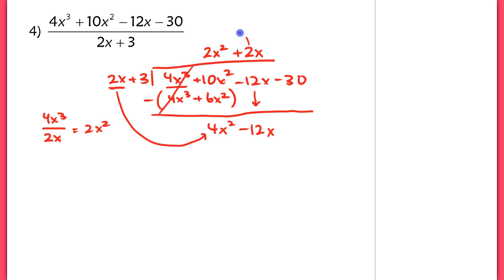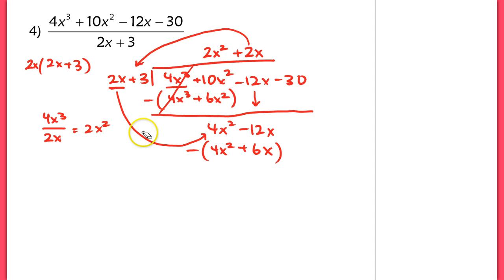Then I take that expression, 2x, and I multiply it by that polynomial here on the outside. 2x times 2x plus 3 gives me 4x squared plus 6x. Again, if you need to see that scratch work, this is what I'm doing off to the side. Now I take that and I subtract that amount.